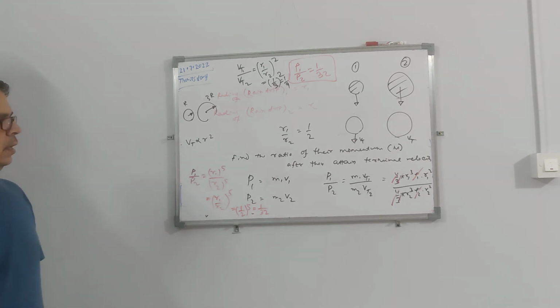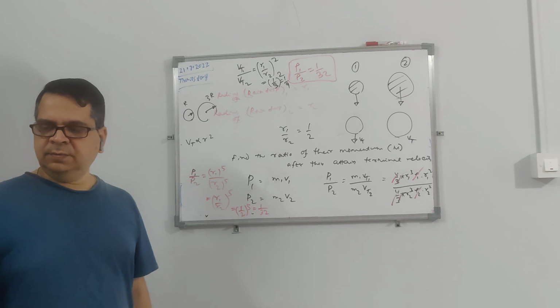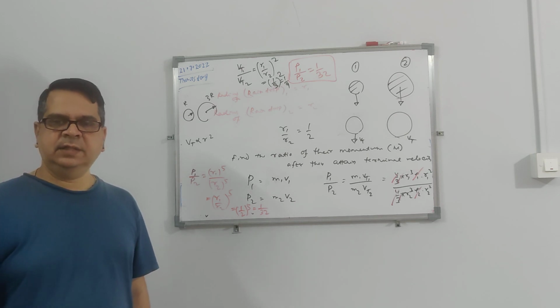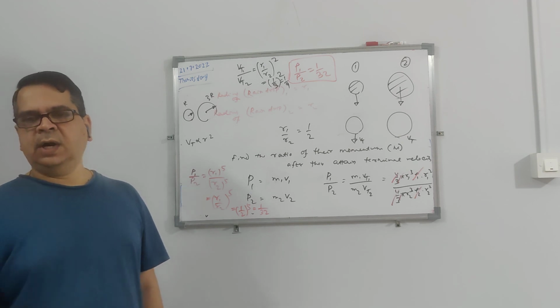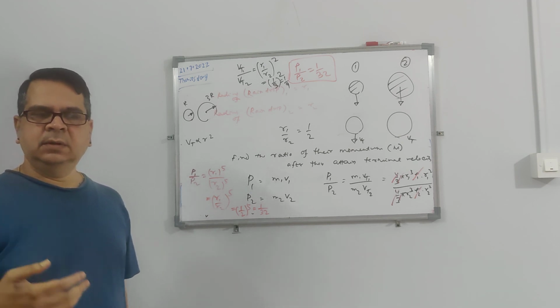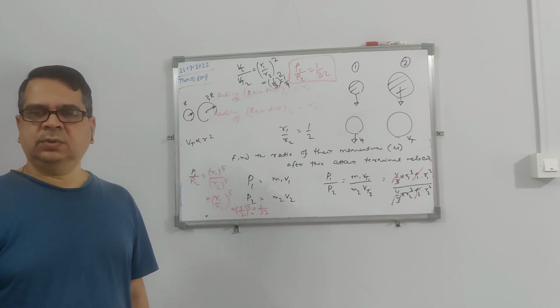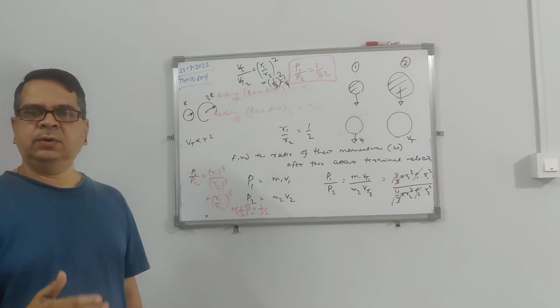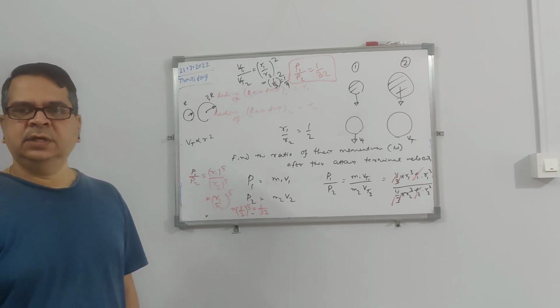I have seen that every year in JEE there will be one question related to terminal velocity, or on what we studied yesterday, Reynolds number: less than 1000 is steady flow, 1000 to 2000 is steady to unsteady, beyond 2000 it is turbulent.